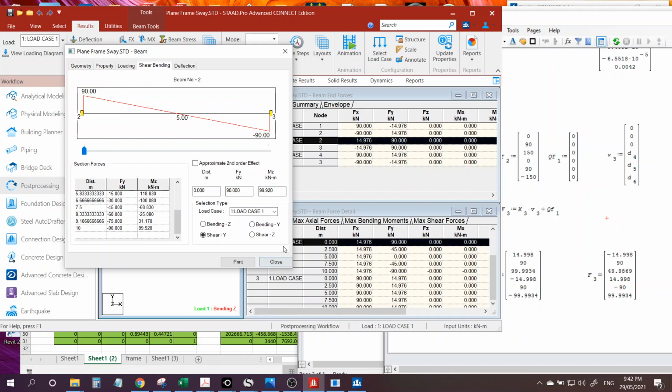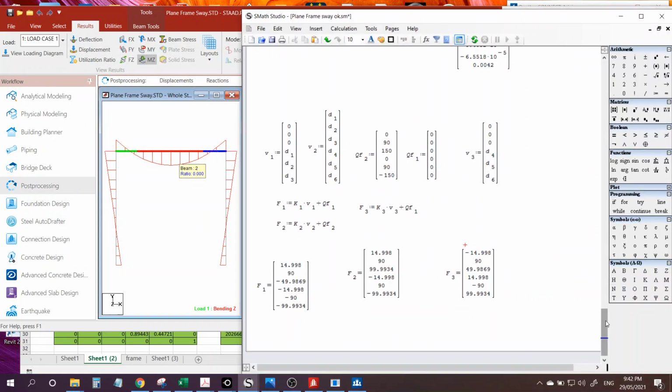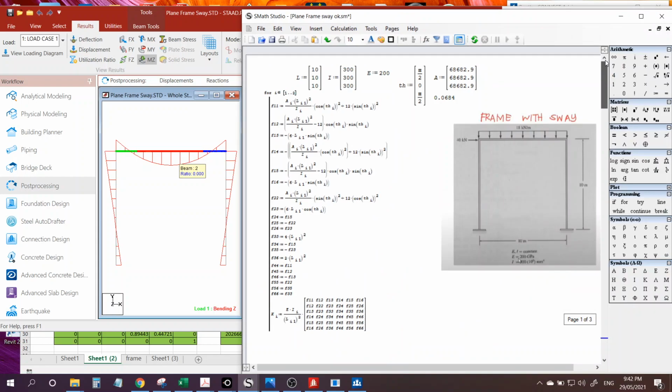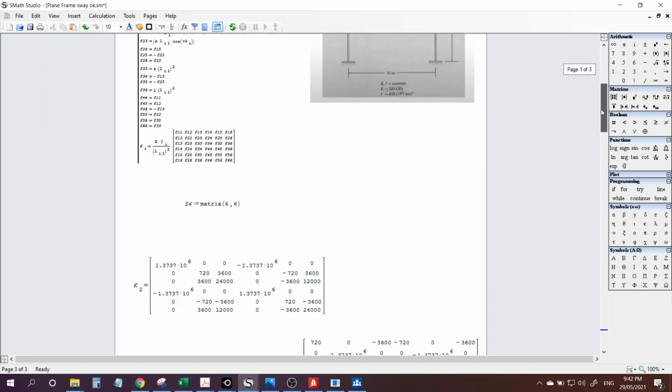Take note, this is a non-sway frame, so this code is general. You can analyze both sway and non-sway. That's the advantage of using the plane frame stiffness matrix.